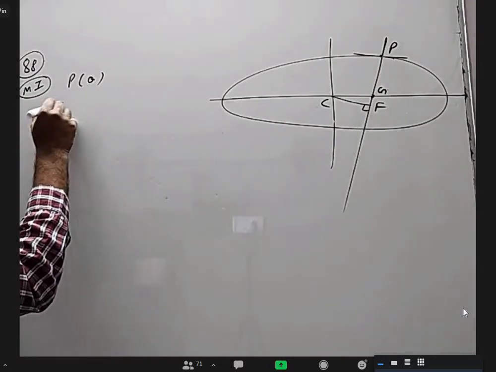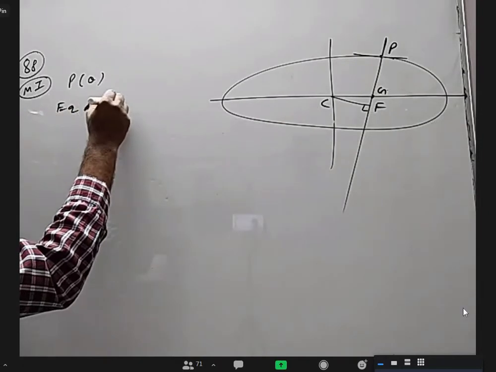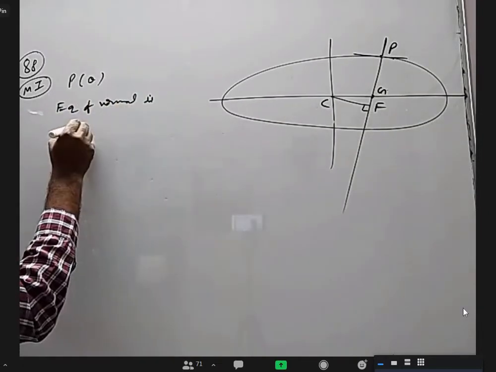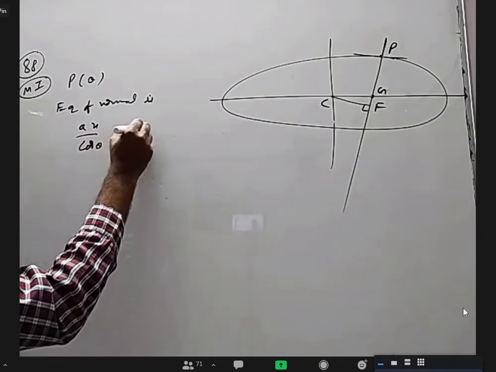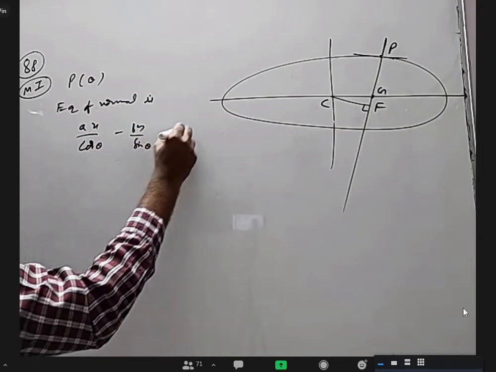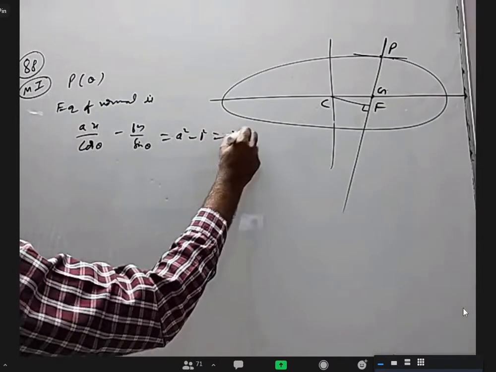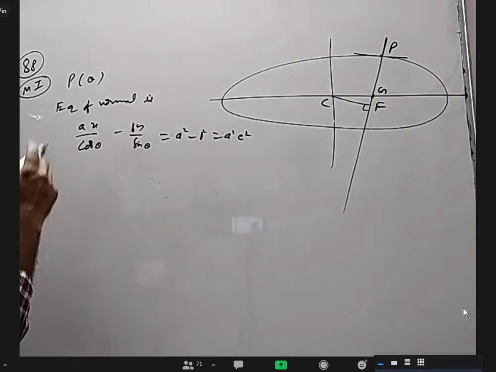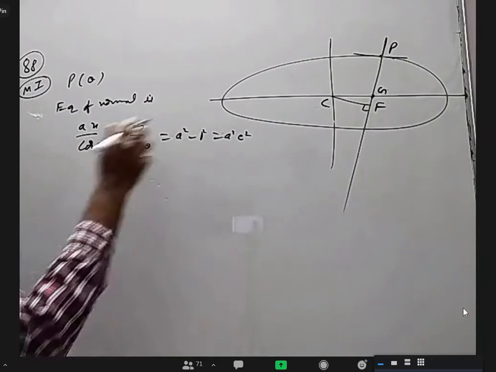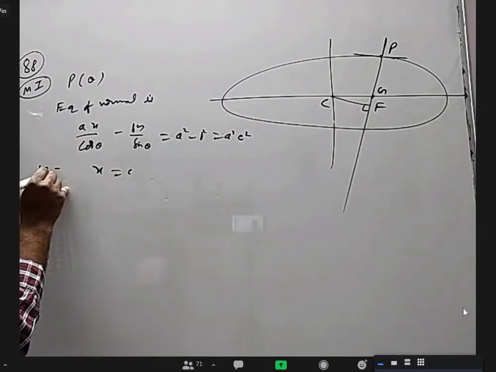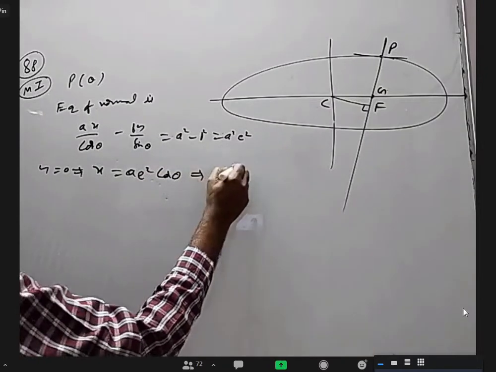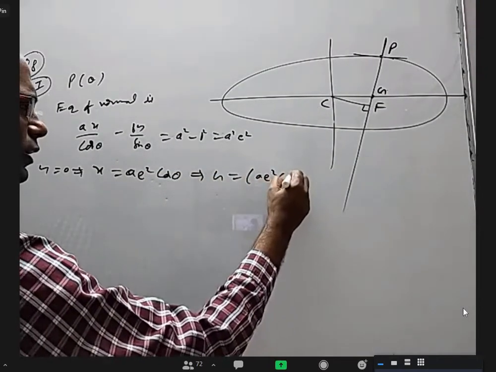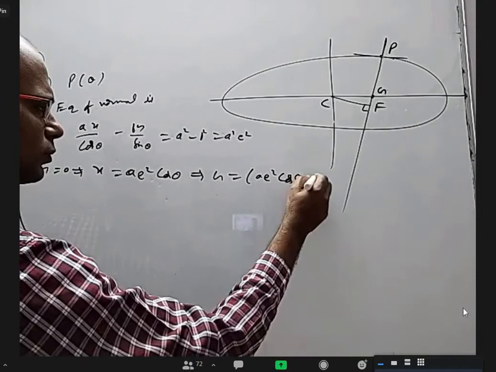Then the equation of normal is ax secant... ax by cos theta minus by sin theta equal to a square minus b square. If you want the x-intercept, put y equal to 0. You will get x is equal to a e square cos theta. So that means point G will be a e square cos theta comma 0.